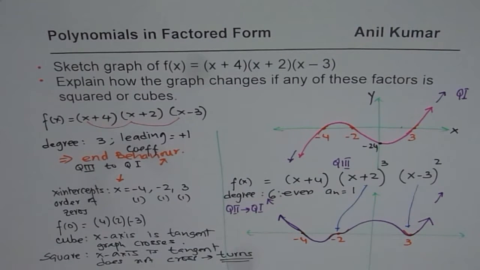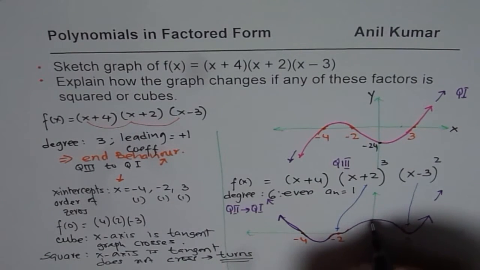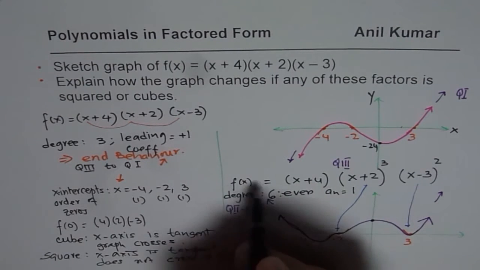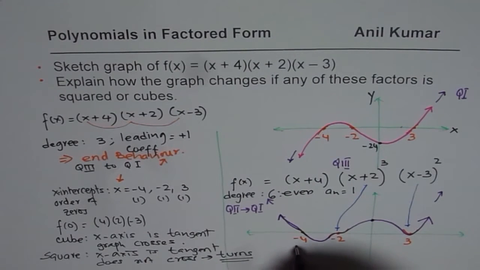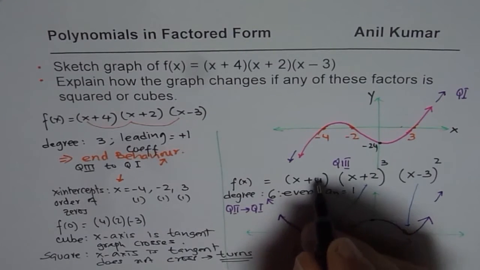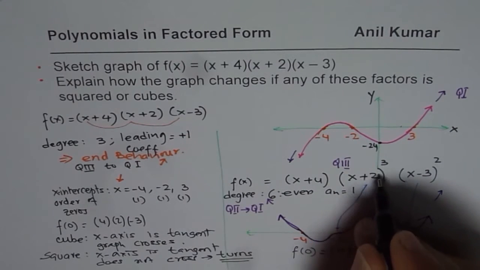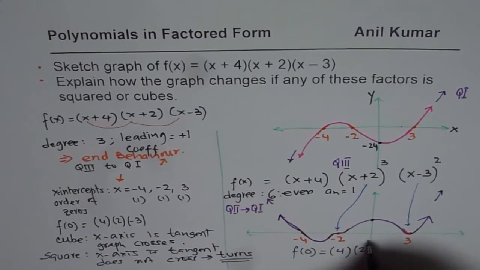As I said earlier, it's good practice to find the y-intercept. So let's substitute 0 here. We get f(0) equals 4 times 2 cubed times 3 squared, minus 3 squared.